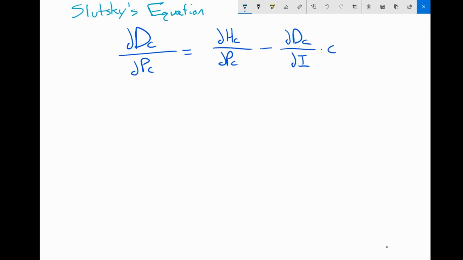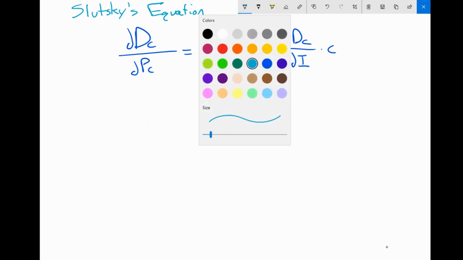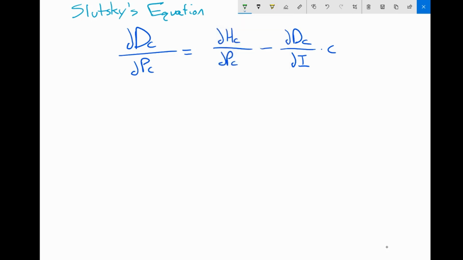So let's explain it. In terms of our discussion from last lecture, this is the total effect of a change in price. This is the substitution effect. And then this term here is the income effect.